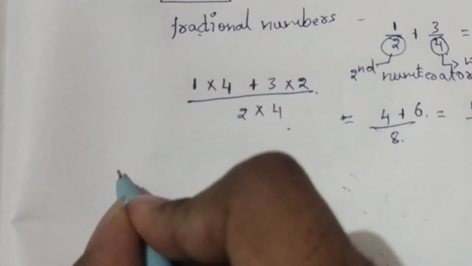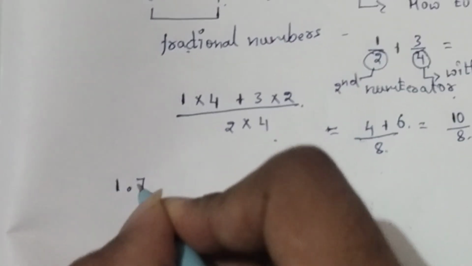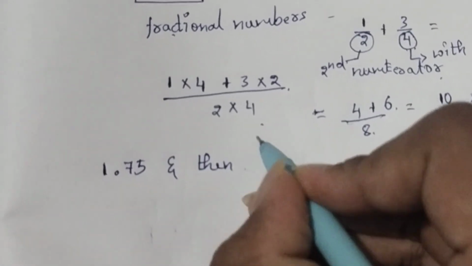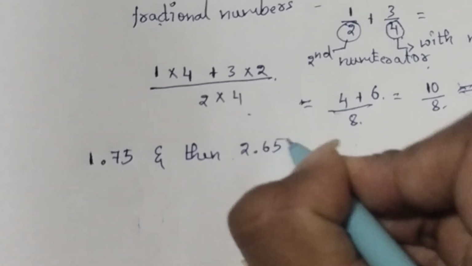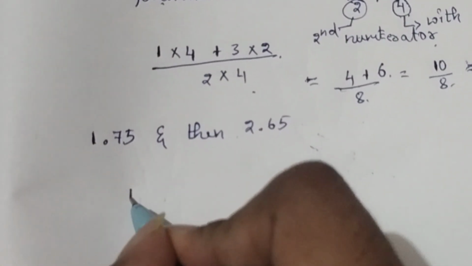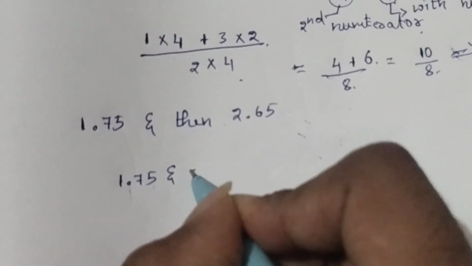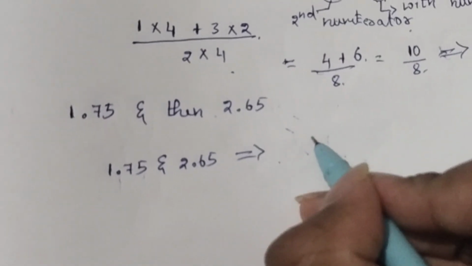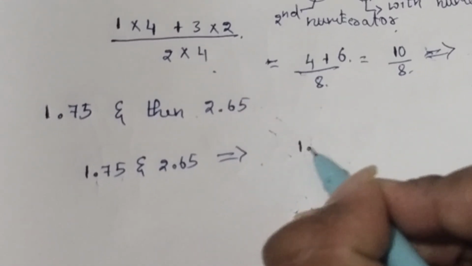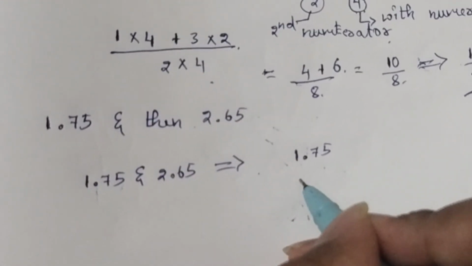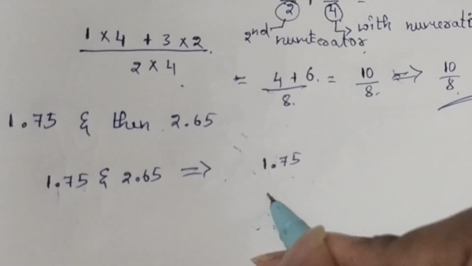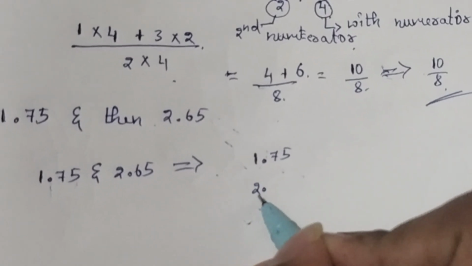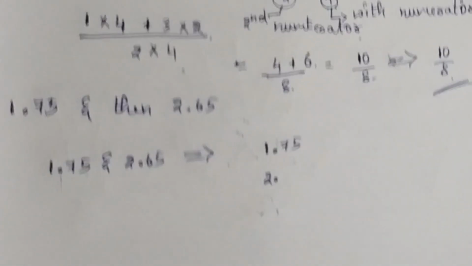Let's consider a decimal number 1.75 and then another decimal number 2.65. So how do we add 1.75 and 2.65? It is done using decimal addition, which is basically just write 1.75 as it is, then write the second decimal term according to the first term's order.